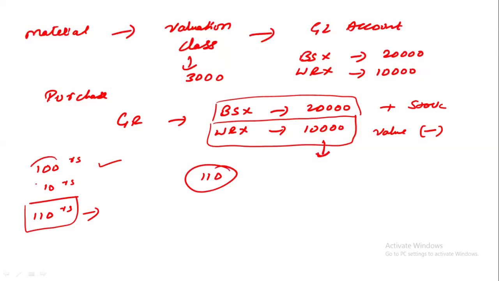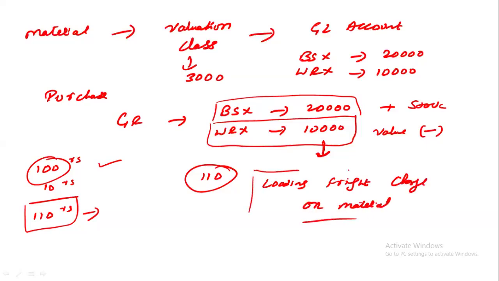It will no more be 100. Okay. If the material price still should be 100. So this is when you are paying 110 directly from this account. This means you are loading the freight charge on material. If someone asks you, this might also be an interview question.